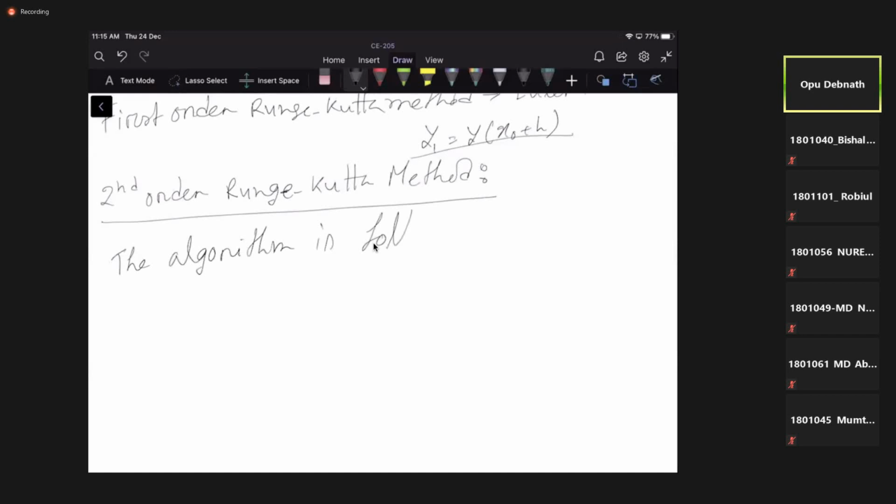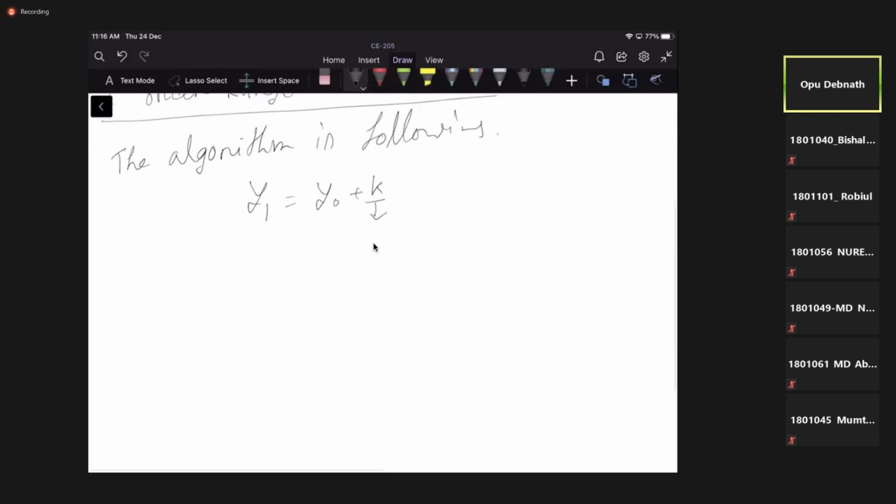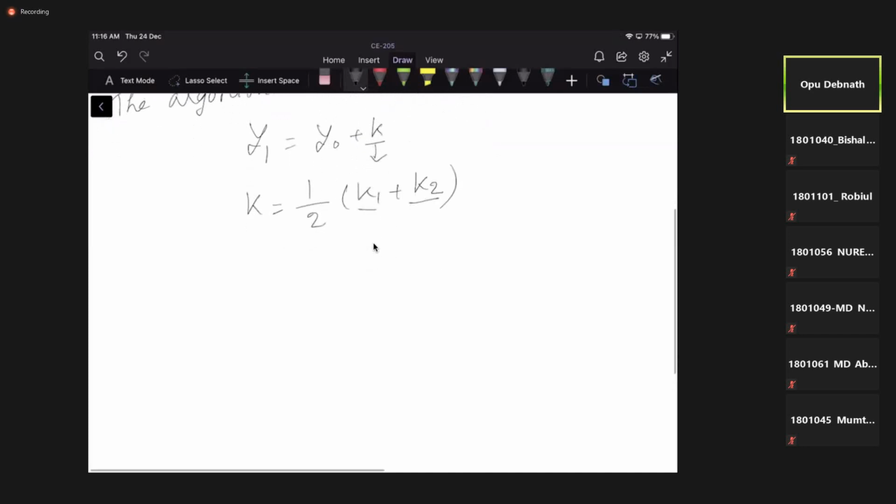I am not showing the details of Taylor's theorem for these derivations. I am simply showing you how to calculate the y values. In this case, y1 will be y0 plus k, a constant value k. Now the question may arise, how we can calculate this k value. For the second order Runge-Kutta method, k is equal to half of k1 plus k2. So again two unknown constants, k1 and k2.